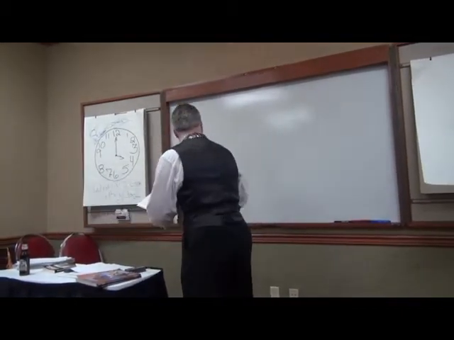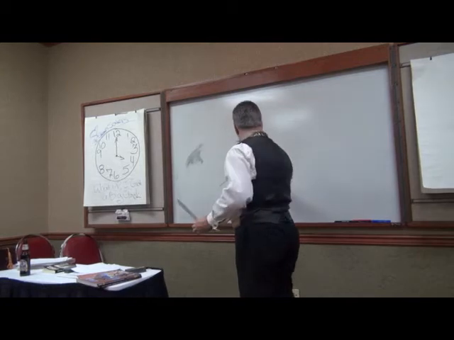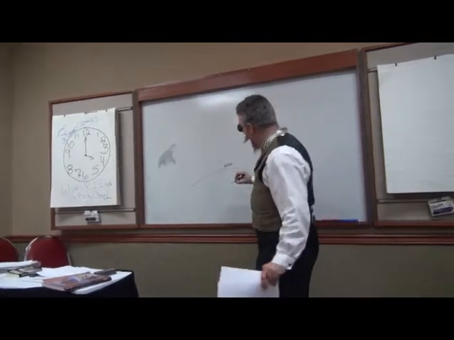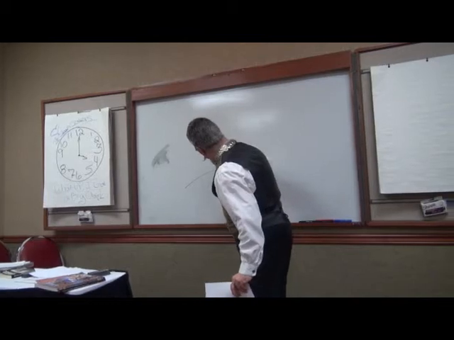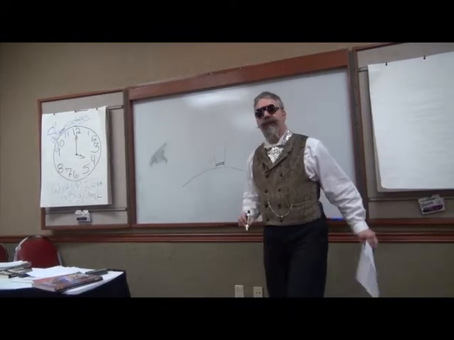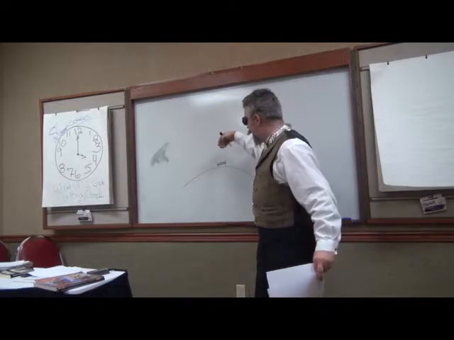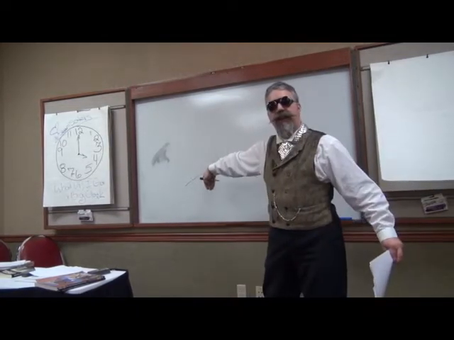So let's do it this way. We've got the Earth and we've got our plate. So there is a shadow here. So everything in this shadow is now isolated from the gravity of the Earth.